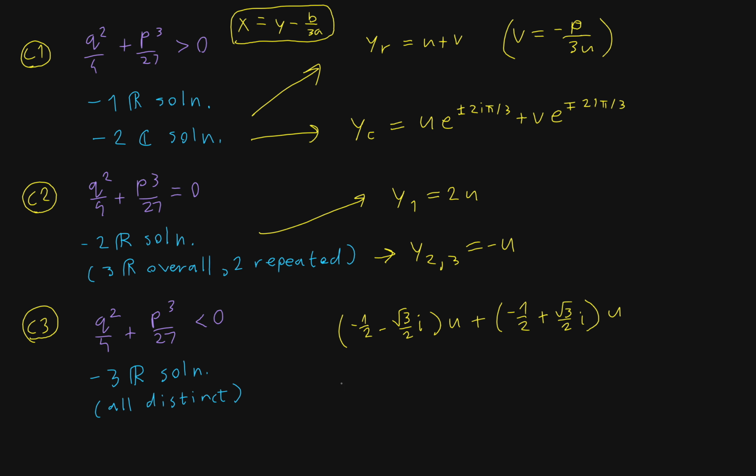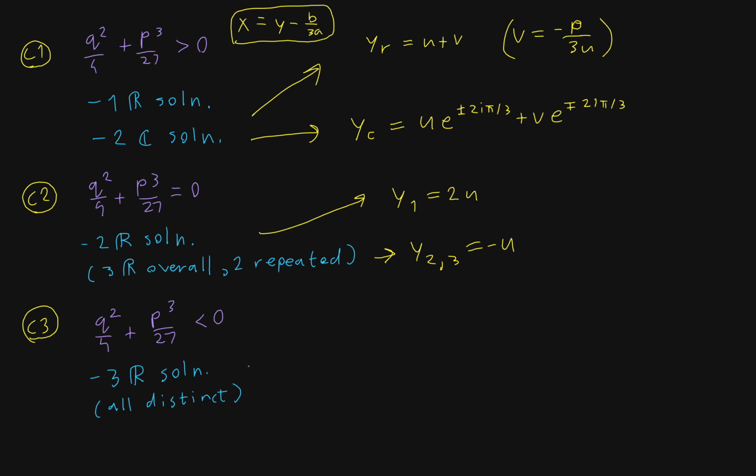And when you expand, you're basically going to get negative 2u over 2 plus i root 3 over 2 minus root 3 over 2. So the imaginary part is going to cancel out, these 2's are going to cancel out, and you're going to get negative u. All right, so that's basically where that comes from, simplified.